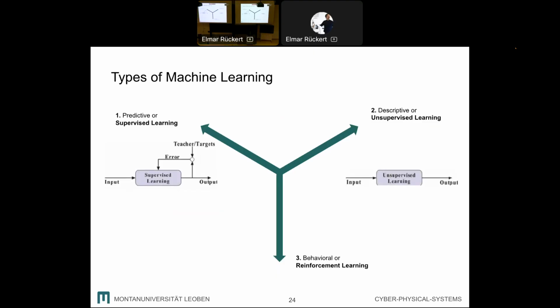In unsupervised learning, we just have data. There are no targets. There is no error signal. We only have data. We can use data to compress it or to visualize it. But that's it. And the last category is called reinforcement learning. Here, we might get from time to time some reward signal. In the Atari games, we had the score.